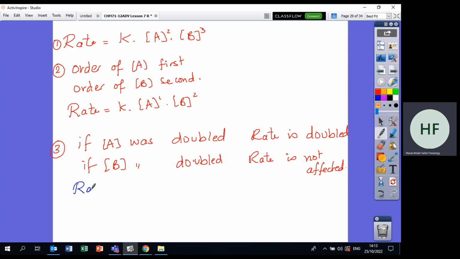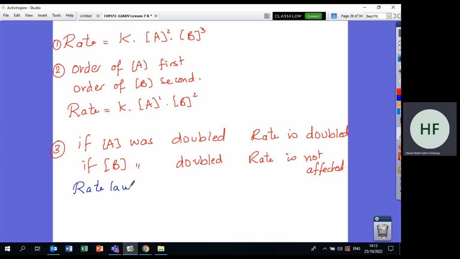Okay, you will say the rate law equals K, of course A power something I don't know, times B also power something I don't know. Now the question says if A was doubled, what happens to the rate?